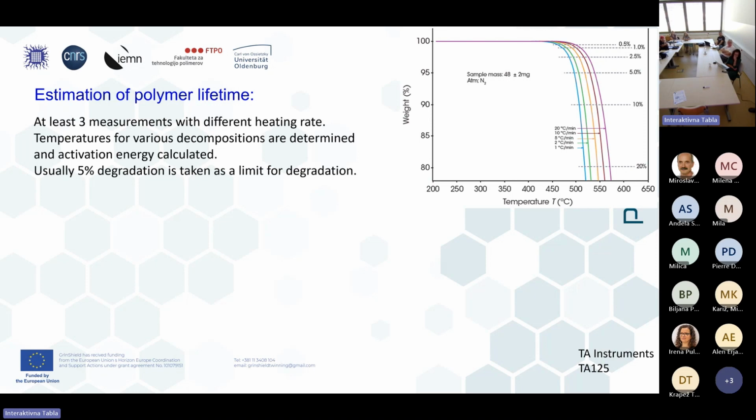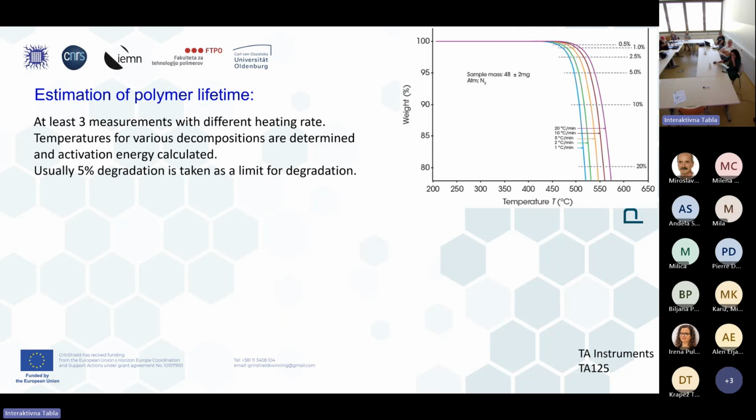What we do is we measure the decomposition with at least 3 measurements with 3 different heating rates. Here there are 5 different heating rates, and then we determine the various decompositions, and we calculate from this the activation energy, and usually it is 5% that we take as the limit for degradation.